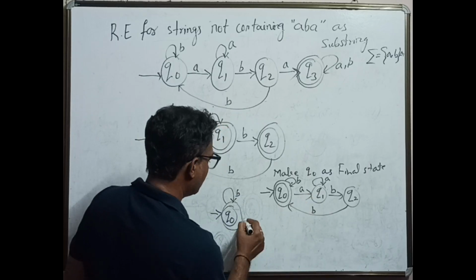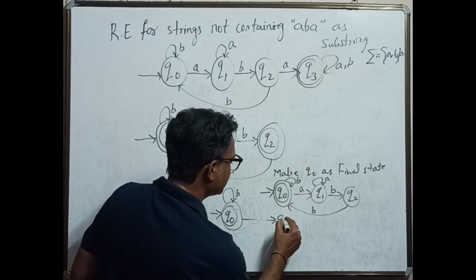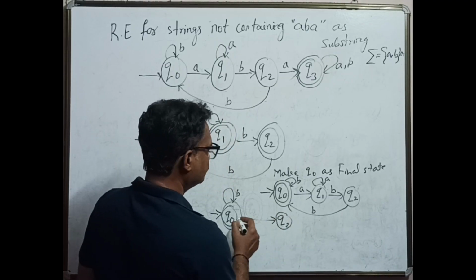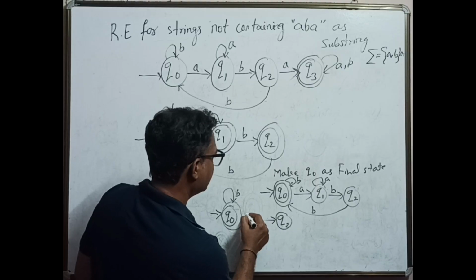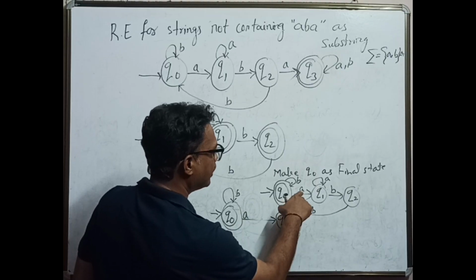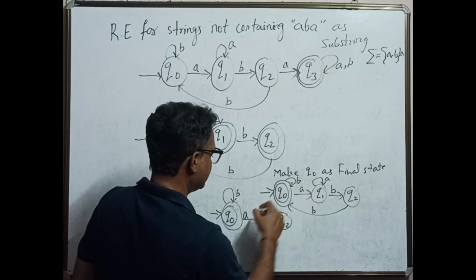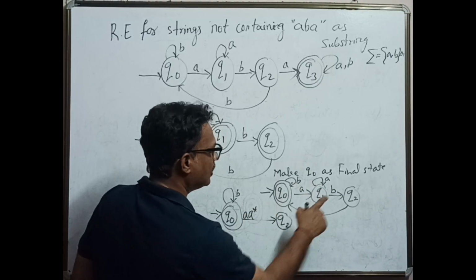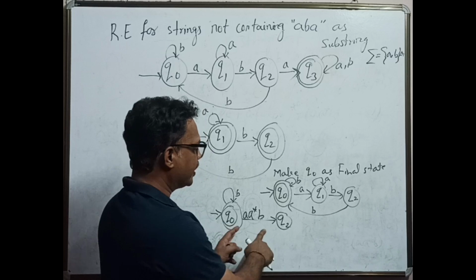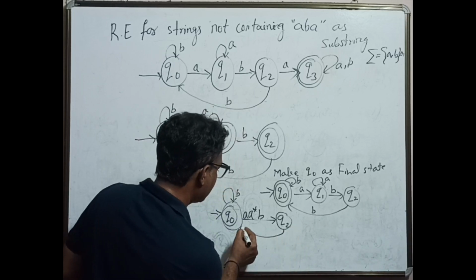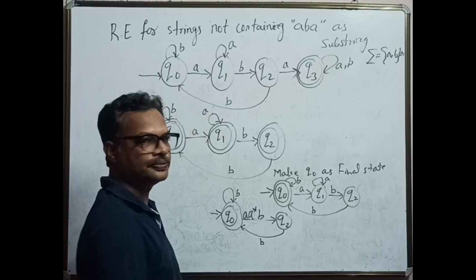Now Q1 has gone, so there is a direct connection to Q2. Now it is A, this A. Now this whole set becomes A star, and this B will take me to Q2. And from Q2 I can come back to Q0.